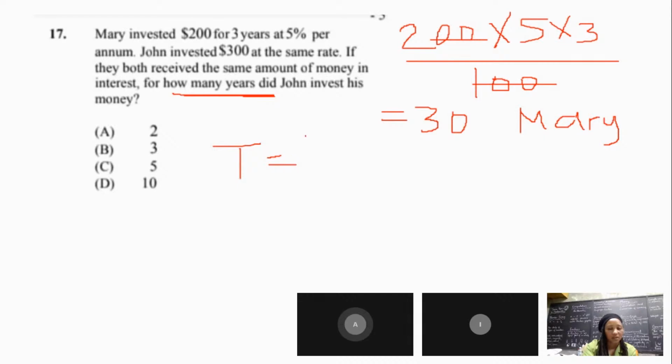So the time is equal to interest times 100 over principal times the rate. Whichever one you want: if it's the time, principal times rate at the bottom; if it's the rate, principal times time at the bottom; and if it's the principal, time times rate. Interest times 100 at the top. So plug in what we know to get the time.